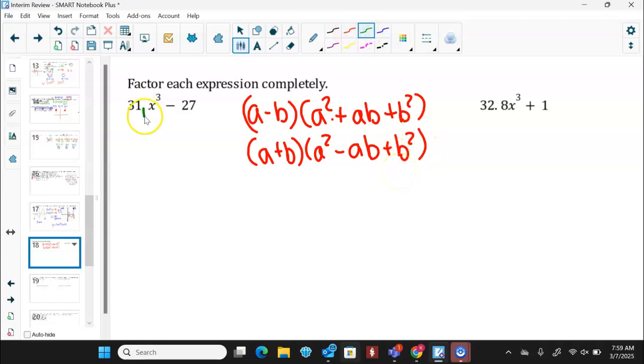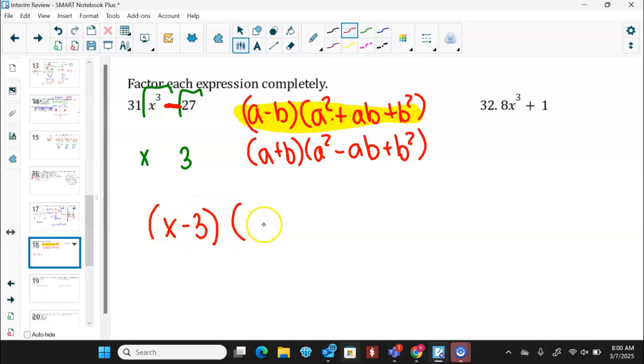So I am going to take the cube root of both of these numbers. Remember that x cubed is just x and 27 is just 3. Now this is a negative in between, so we're going to use the first formula right here. Okay, so we are going to use x minus 3.